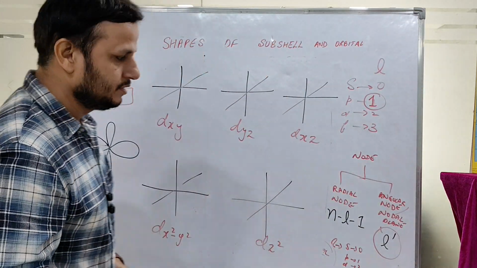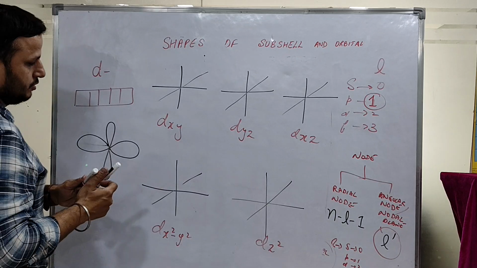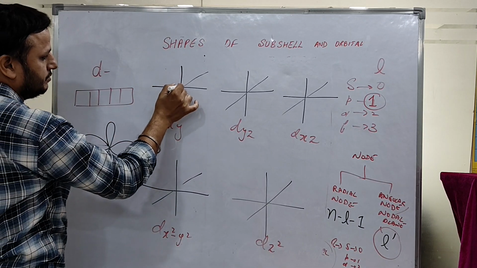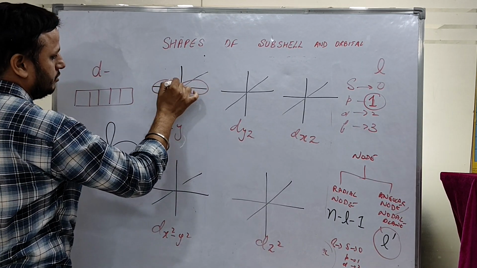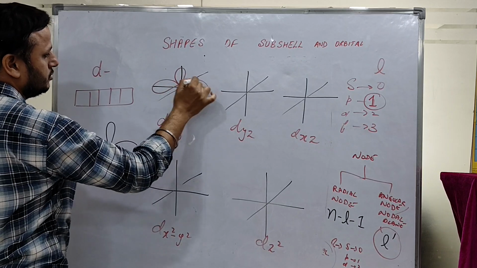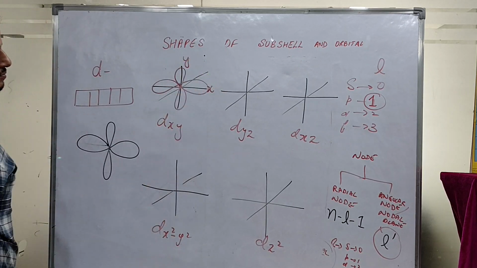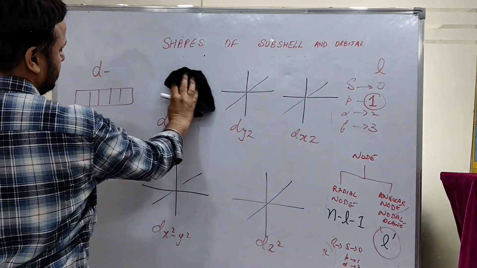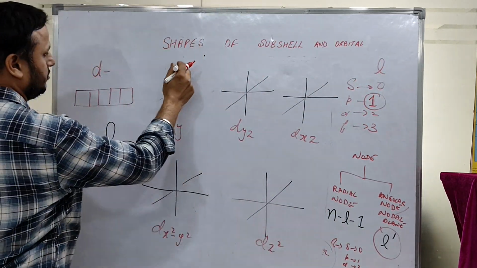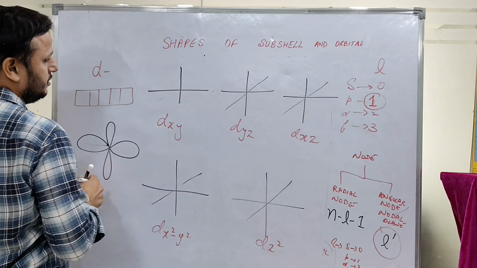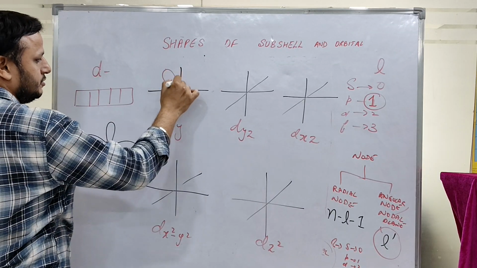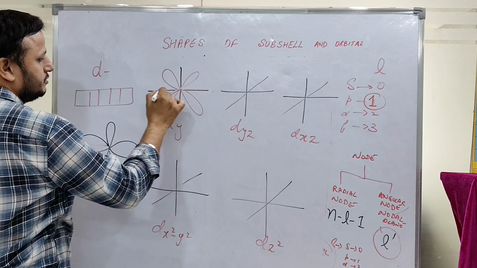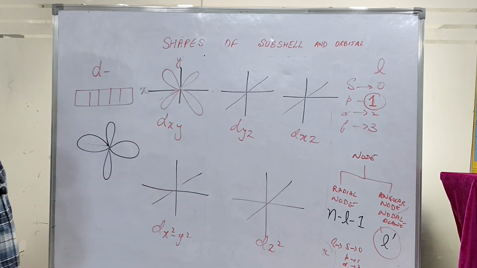What do the books do? In the books, for dxy the double dumbbell lies along the x and y, sorry, between the axes. In dxy the dumbbell lies between the x and y axes.